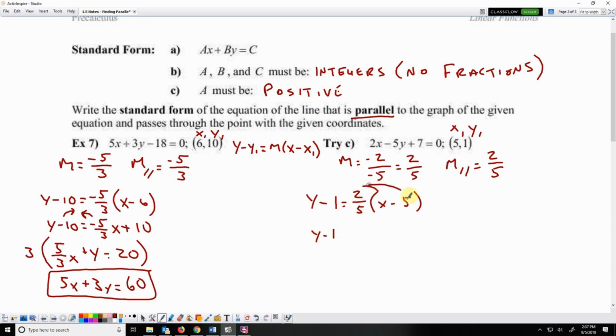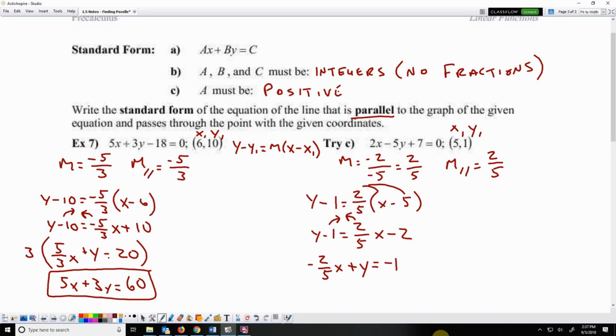So when I distribute, I get 2/5 x minus, and then 2 times 5 is 10, divided by 5 is 2. So I need to get my x term to the left, my constant to the right. So I have -2/5 x plus y equals -1.